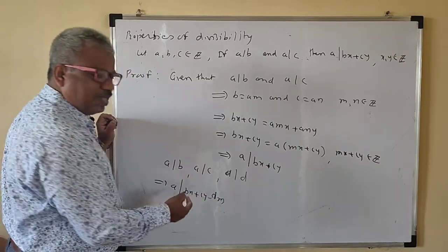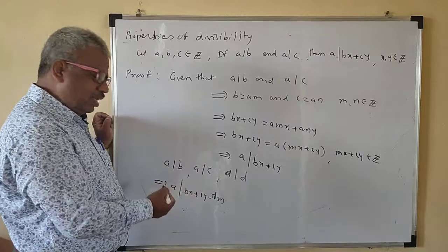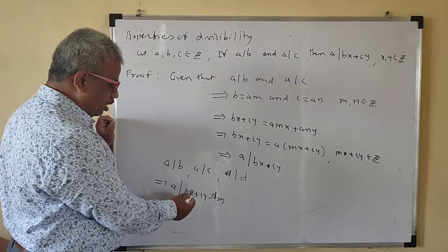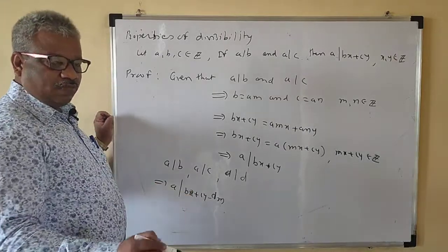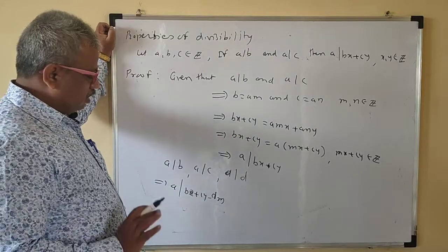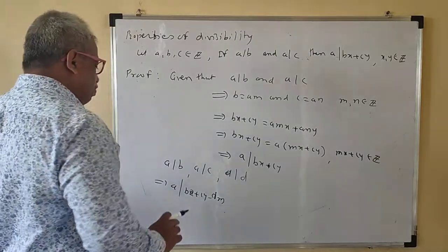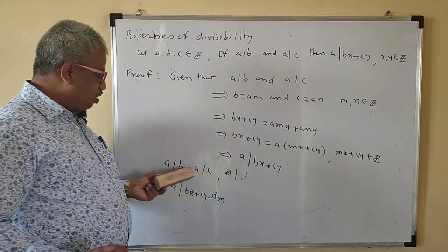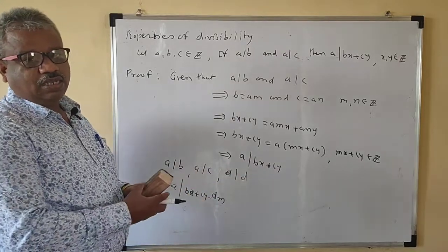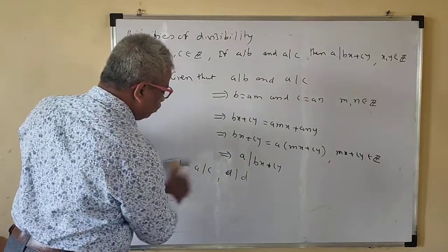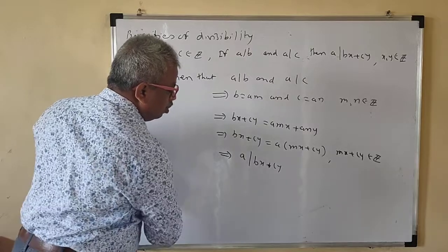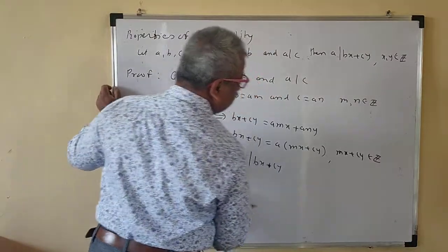You can write plus or minus whatever you want, and multiply by any number. If you want, you can write twice B plus 3C minus 4D, whatever. So if A divides the numbers, it divides their linear combination also. It is the linear combination, not just any combination.